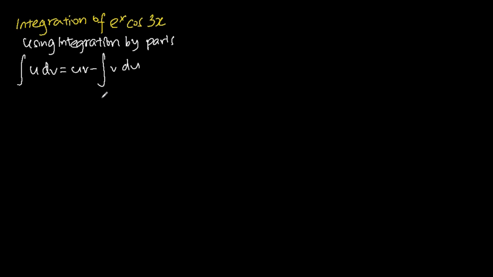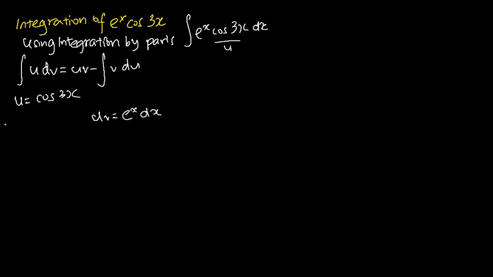To find my v, I simply integrate dv, and to find my du, I differentiate u. For this particular example, we will let u equal cosine 3x, and my dv is e to the power x dx. To find du, I differentiate u with respect to x.